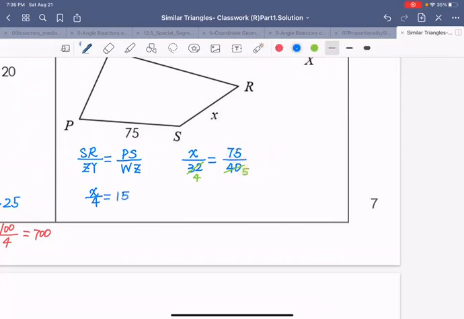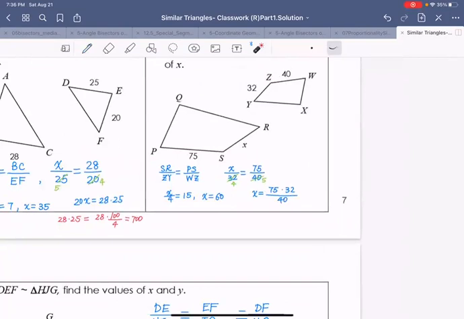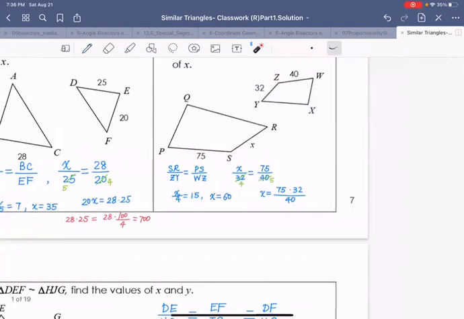So x equals 15 over 4, 15 times 4, 60. All right. This way is definitely faster than doing 75 times 32, which gives you a big number, and then dividing by 40. I like this way faster. Makes sense to you? Yeah. Thank you.